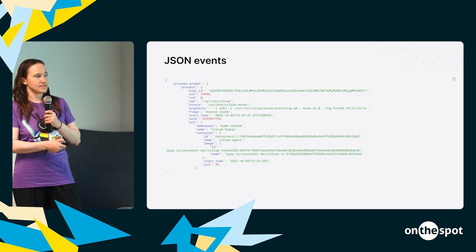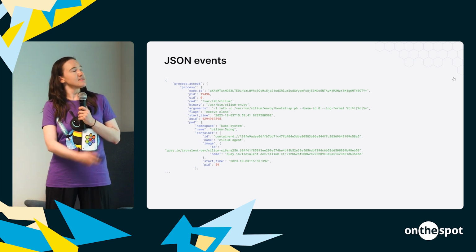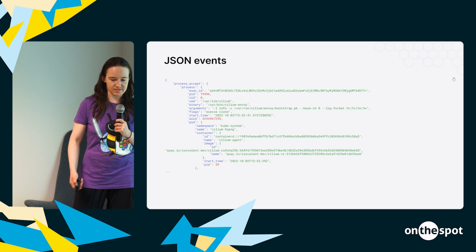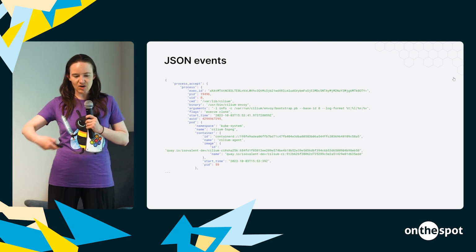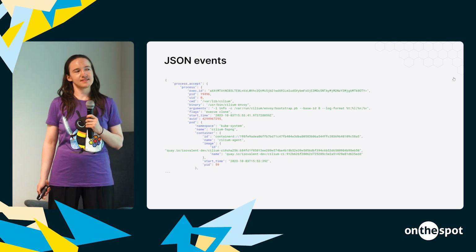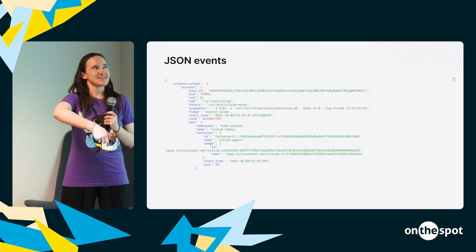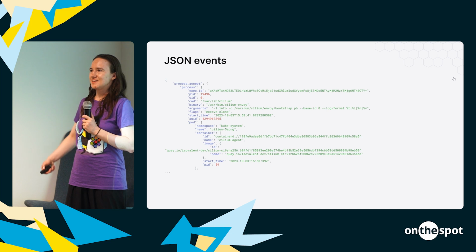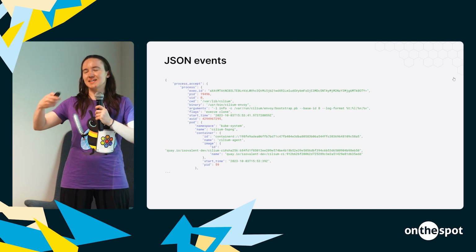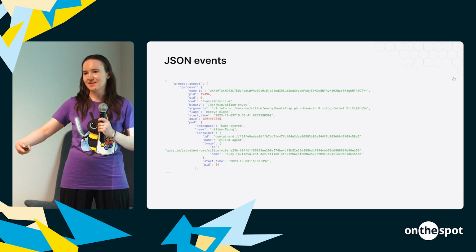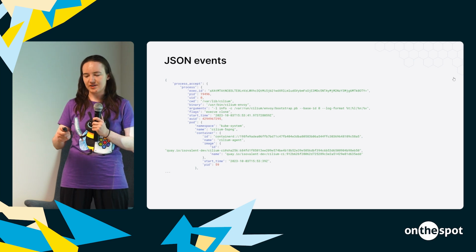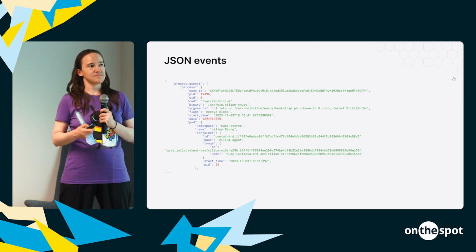In this case, this is an event for a Cilium pod running in the kube-system namespace. So we have these JSON events which are stored on disk in a file. And this is pretty simple. This is super simple, actually. We just store JSON events in a file like a regular log.